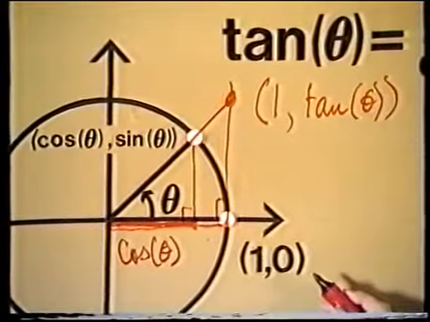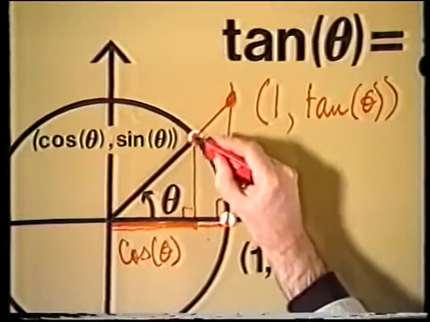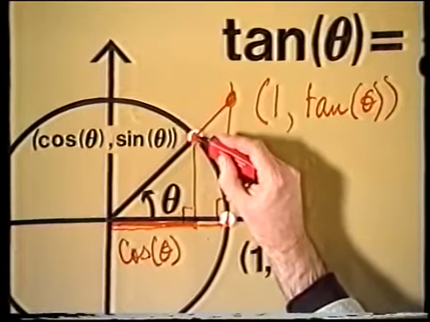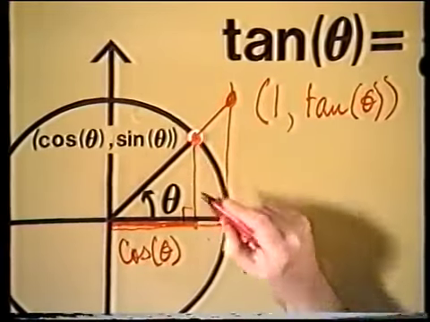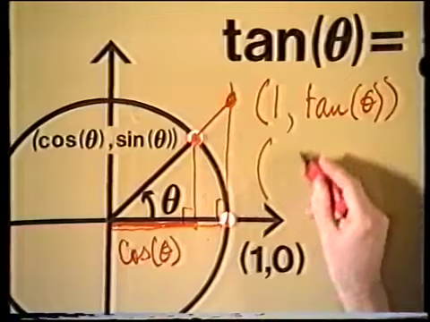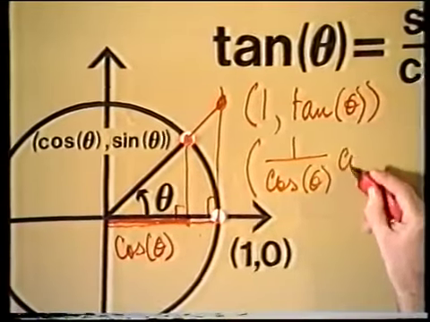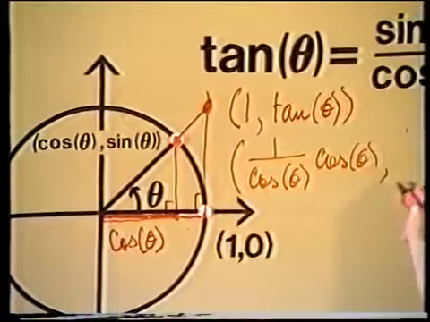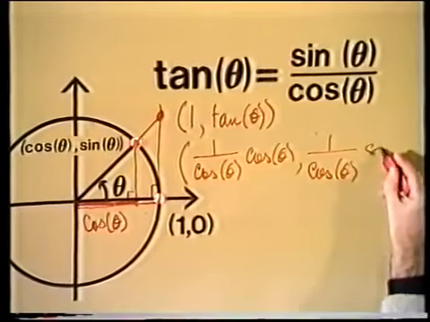Well, let's just check that. How do we get this vertex? We get it by dilating this vertex of the original triangle by a factor of 1 over cosine theta. And so the dilated point has coordinates 1 over cosine theta times cosine theta, 1 over cosine theta times sine theta.